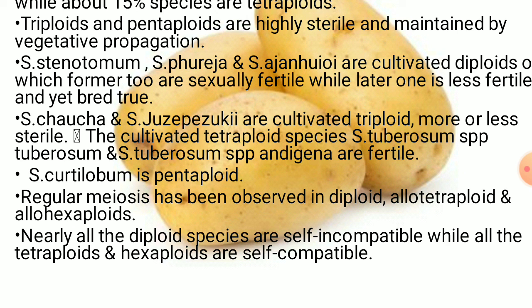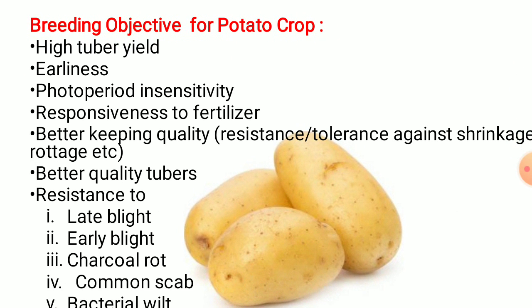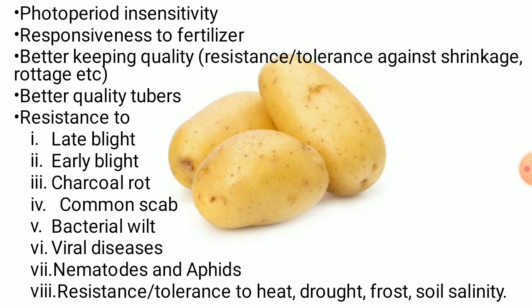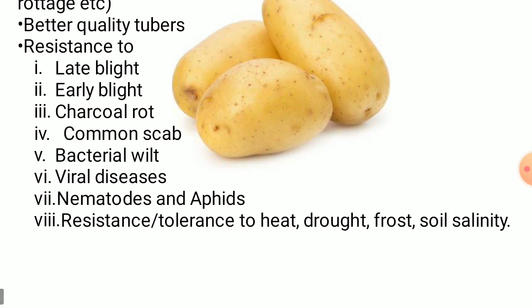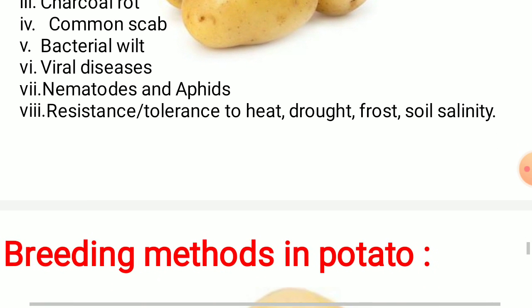Breeding objectives taken for improvement of potato crop. First objective, high tuber yield, earliness, photoperiod insensitivity, fertilizer responsiveness, better keeping quality, better quality tuber, resistance to late blight, early blight, charcoal rot, common scab, bacterial wilt, viral disease, nematode and aphid, tolerance to heat, drought, soil salinity.